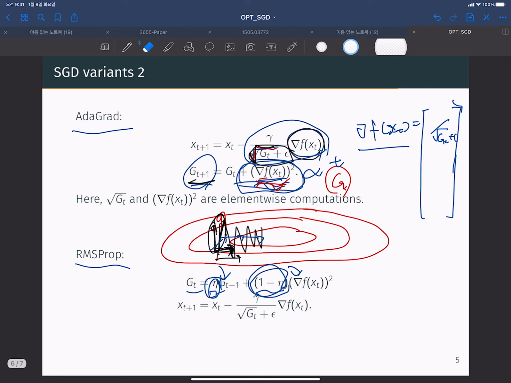So this g_t value has one side effect: a time-dependent learning rate gamma. So this term roughly becomes proportional to 1 over square root of t. And a 1 over square root of t learning rate is a very nice learning rate. We actually discussed the 1 over square root of t learning rate in our midterm exam.